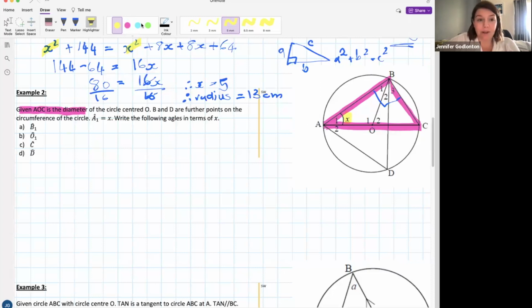Now, before we read through these questions, I would like you to tell me where my radii are. Which are my lines that are my radii? You can give it to me in letters. So this equals this equals this. I'm looking for 3 lines. I'm looking for 3 radii.